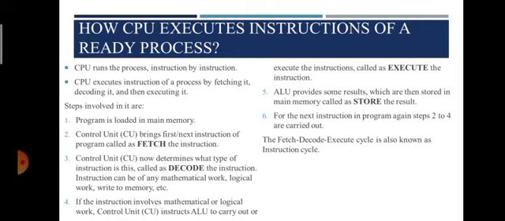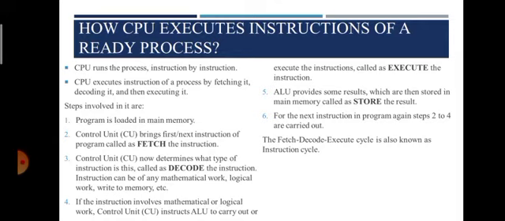So now let us discuss in detail about how CPU is executing instructions. So here first point is CPU runs the process instruction by instruction. That means whenever a process is executed by the CPU, then it will execute the process instruction by instruction.